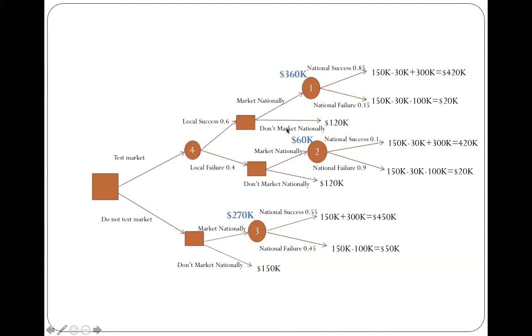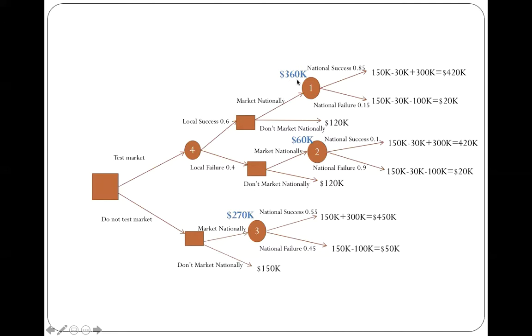If we do not market the product nationally, we expect the value of our asset to be 120K. If we decide to go ahead and market the product nationally, given these possible outcomes and the probabilities associated with them, we expect to observe the average value of our assets to be 360K. So which one of them is a better decision to go with?